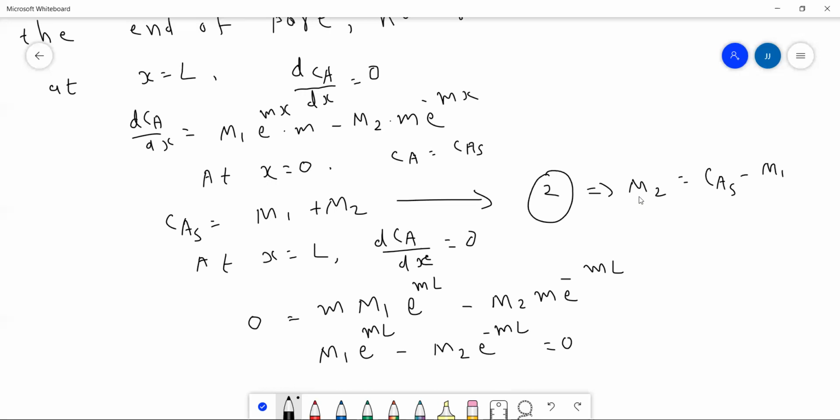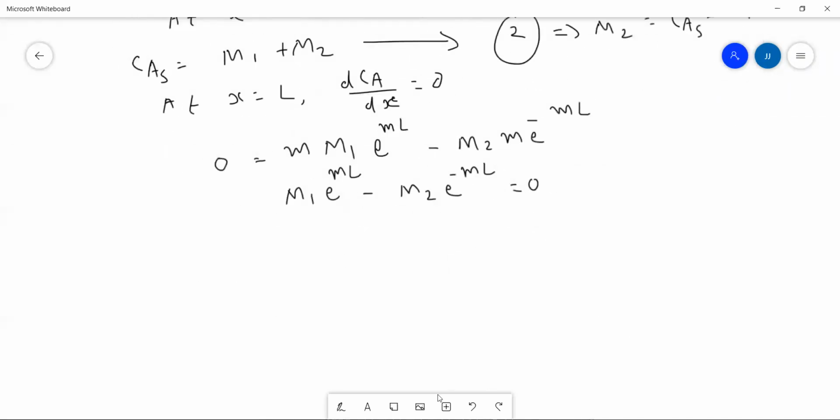So what I do, put m2 in this equation, then this equation becomes m1 into e raised to ml minus m2, sorry, instead of m2 I can write CAS minus m1.